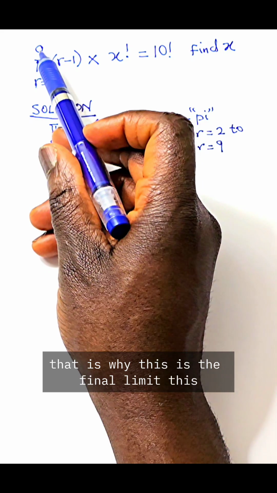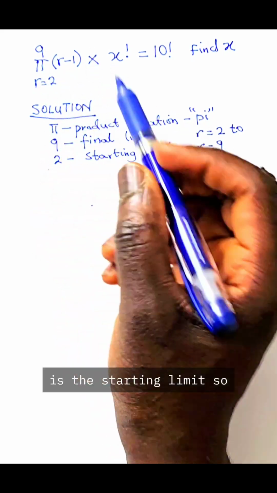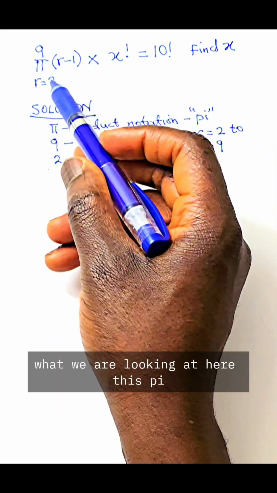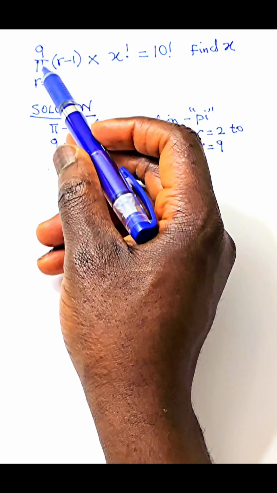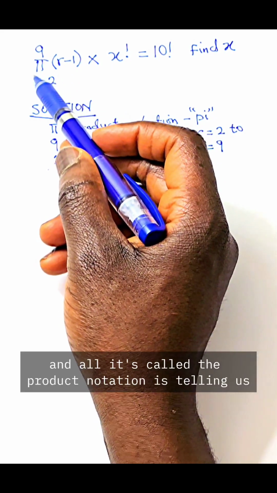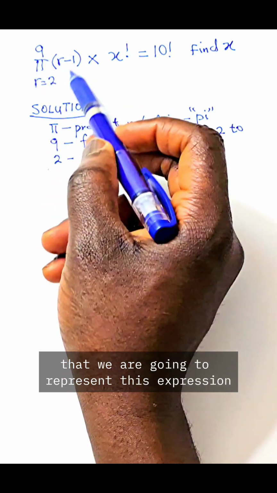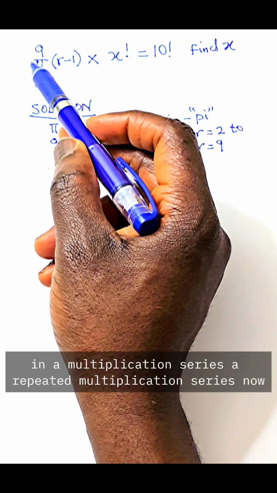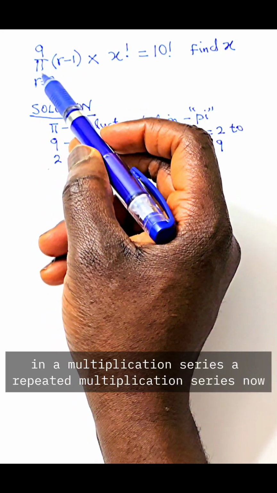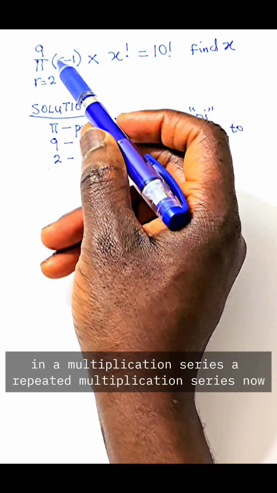So that is why this is the final limit and this is the starting limit. So this pi, the product notation, is telling us that we are going to represent this expression in a multiplication series, a repeated multiplication series.